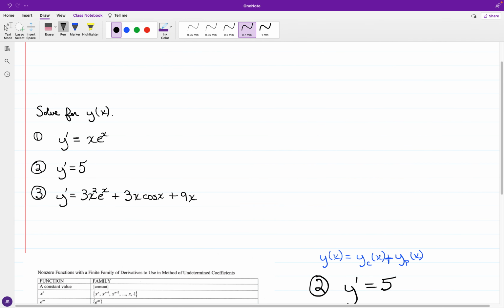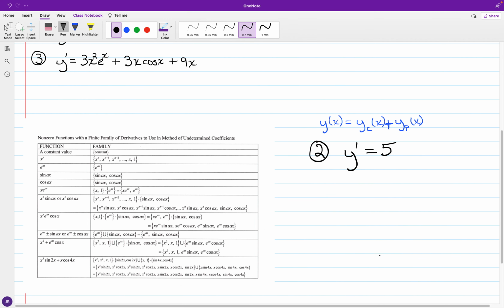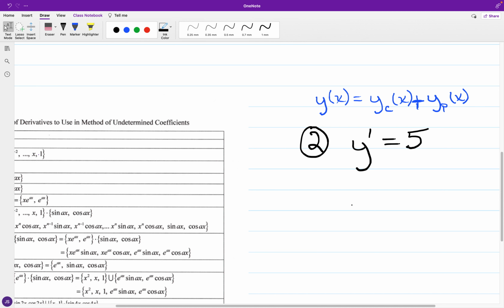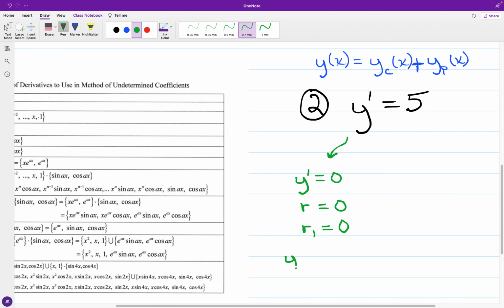Okay, now for the second equation, we have y prime is equal to 5. So we have another non-homogeneous equation. Now just going ahead and taking on the complementary part of this. And once again, for the complementary solution, that is just going to be a constant. We'll just call this c sub 1.